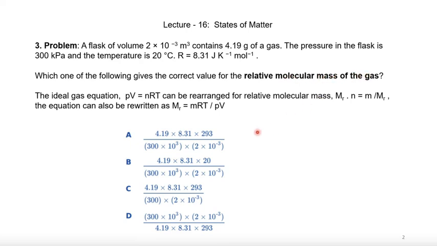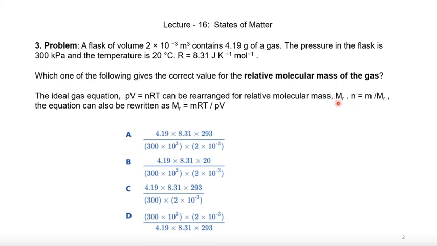Well, you know that to solve problems with the ideal gas equation, we have to always rewrite the gas equation according to the question. Here we have to find the relative molecular mass of the gas.